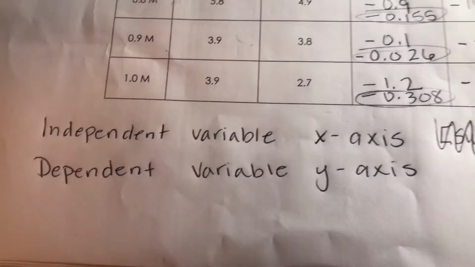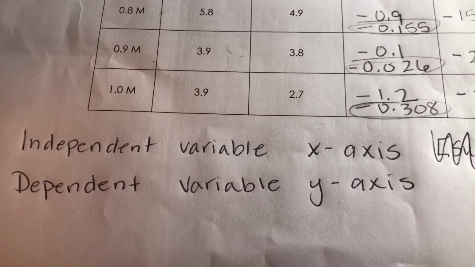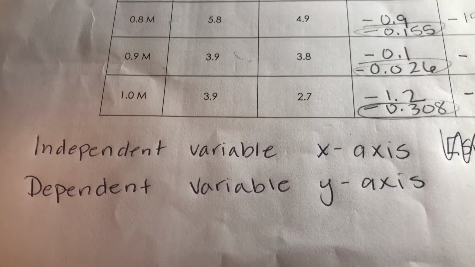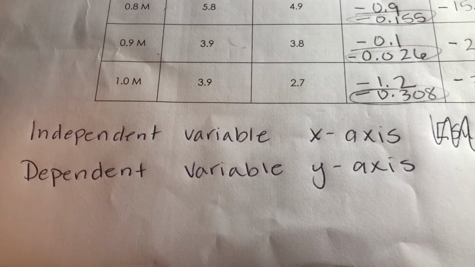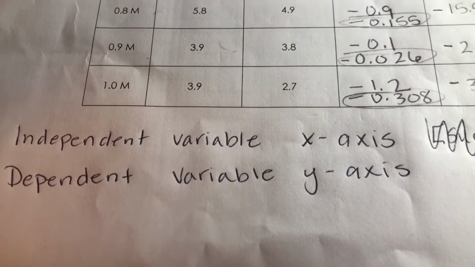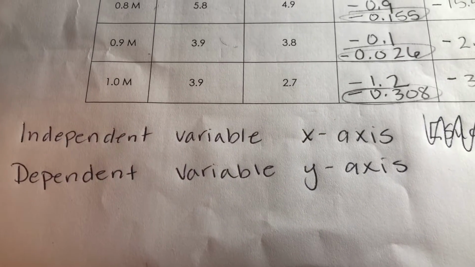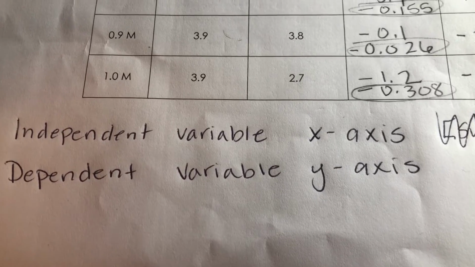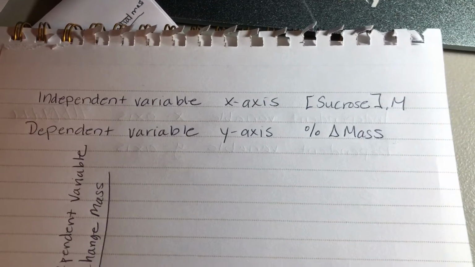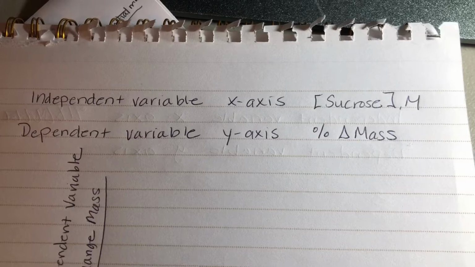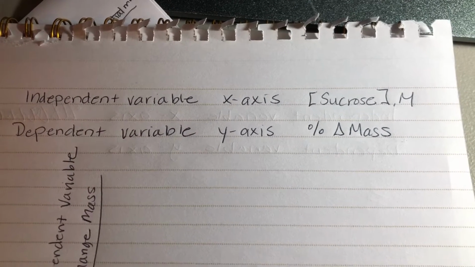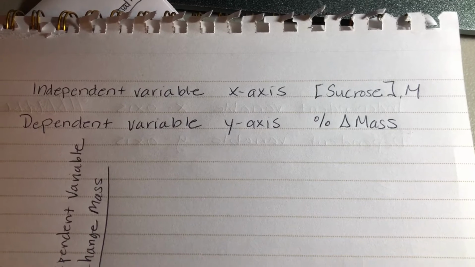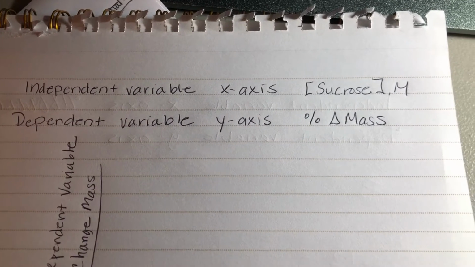At any time you're plotting a graph, you need to identify what the independent variable is and what the dependent variable is. The independent variable goes on the x-axis, and the dependent variable goes on the y-axis. So the independent variable in this case is the concentration of sucrose, and that will be on your x-axis.